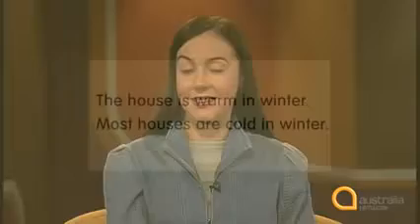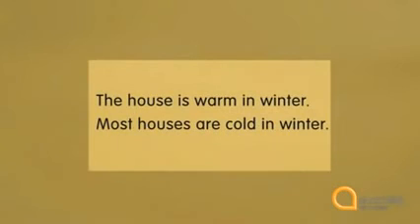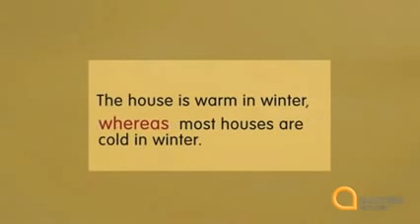Now let's practice subordination. That's making two sentences into one complex sentence. Try using whereas. The house is warm in winter. Most houses are cold in winter. This can become, the house is warm in winter, comma, whereas most houses are cold in winter.